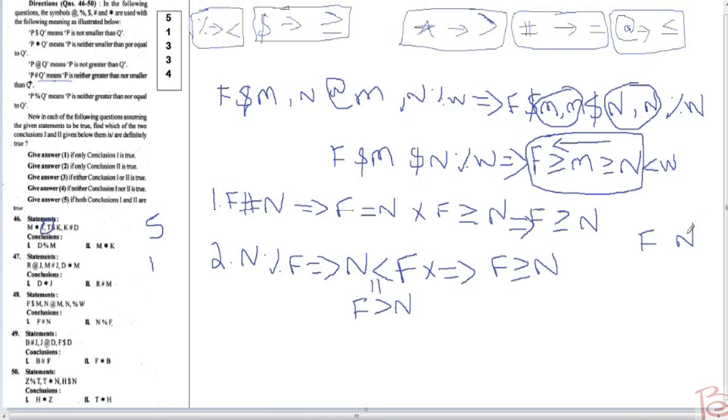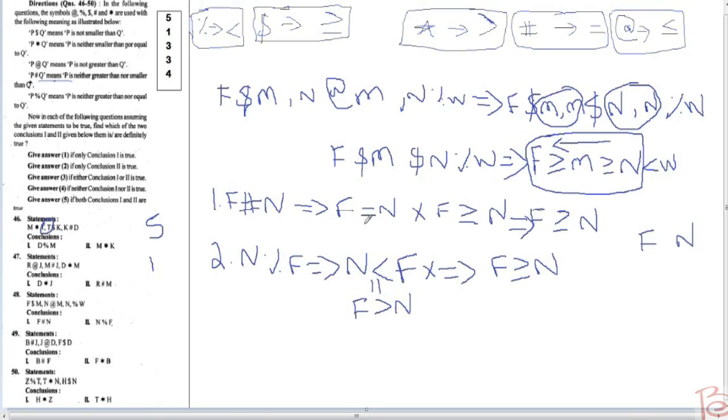I'll tell you why. From the first conclusion, they're telling us that f is equal to n, but the conclusion which we got is f is greater than or equal to n. And the second conclusion is f is greater than n. But the resultant answer which we get is f is greater than or equal to n.